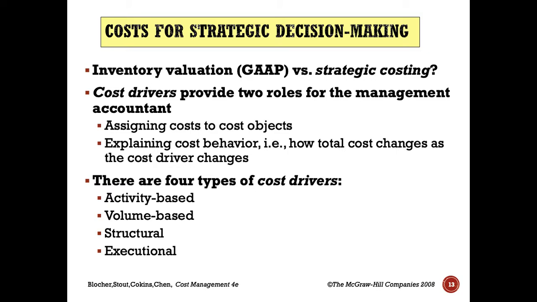Cost drivers provide two roles for the management accountant: assigning cost to cost object and then explaining cost behavior. For example, how total cost changes as the cost driver changes. There are four types of cost driver, which are activity-based, volume-based, structural, and executional.